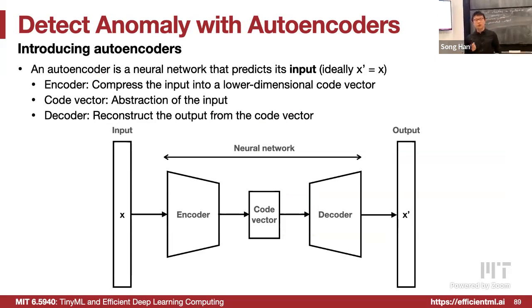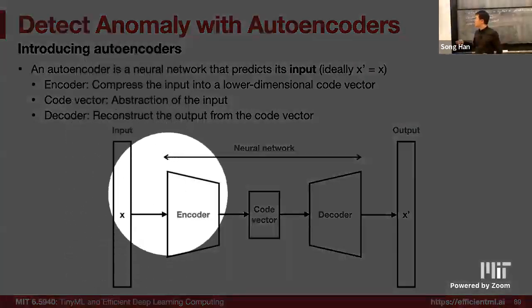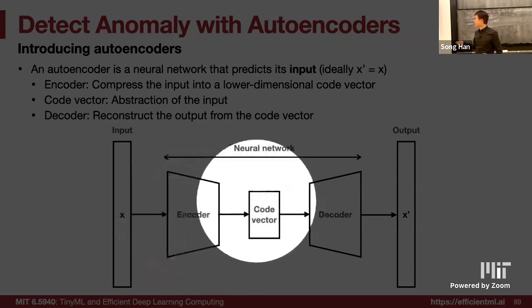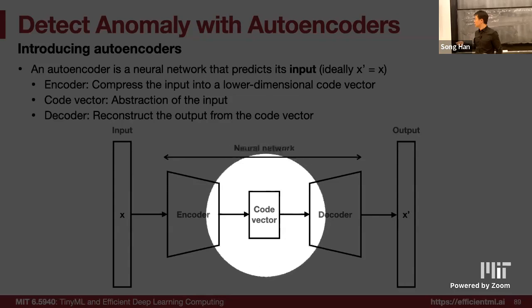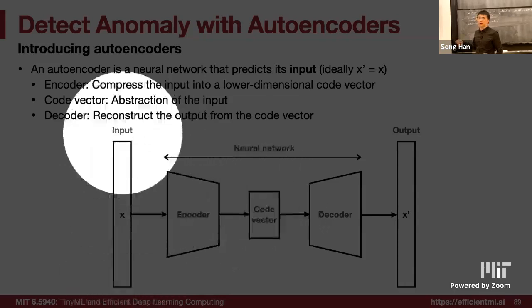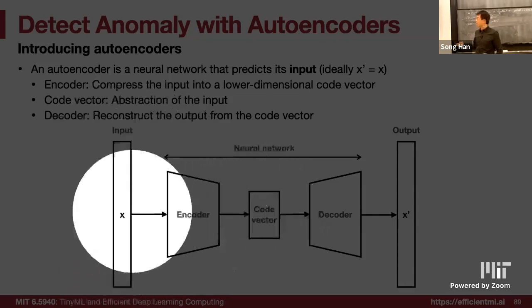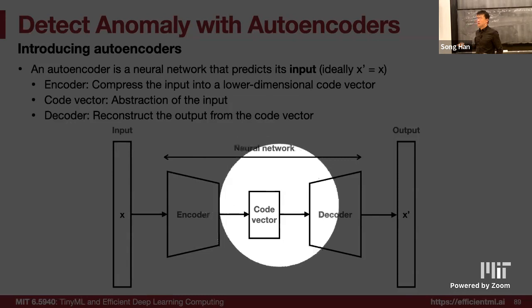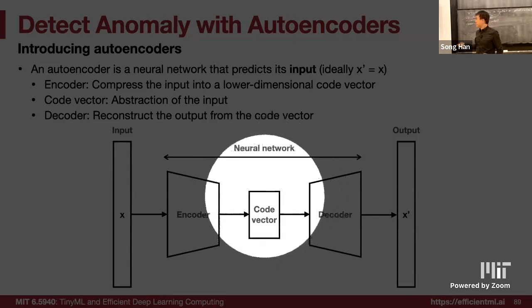Autoencoder is a very key technique. Given an input signal, it first passes through an encoder and is projected into a low-dimensional code vector. The input may be of high dimension, like a high-resolution image, but here it has a very low dimension, an abstraction of the input.